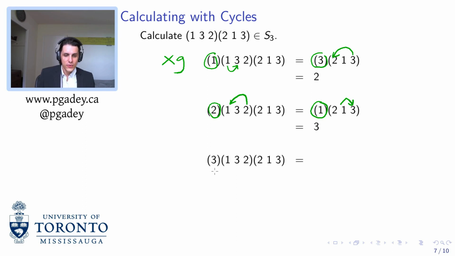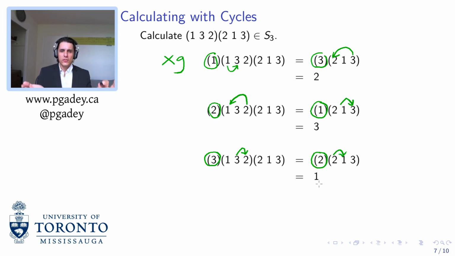Now we'll feed in 3. 3 gets sent to 2. We'll feed in 2. 2 gets sent to 1. So now we've got all of the information about this product. We know exactly what this product does to every element of the set 1, 2, 3.